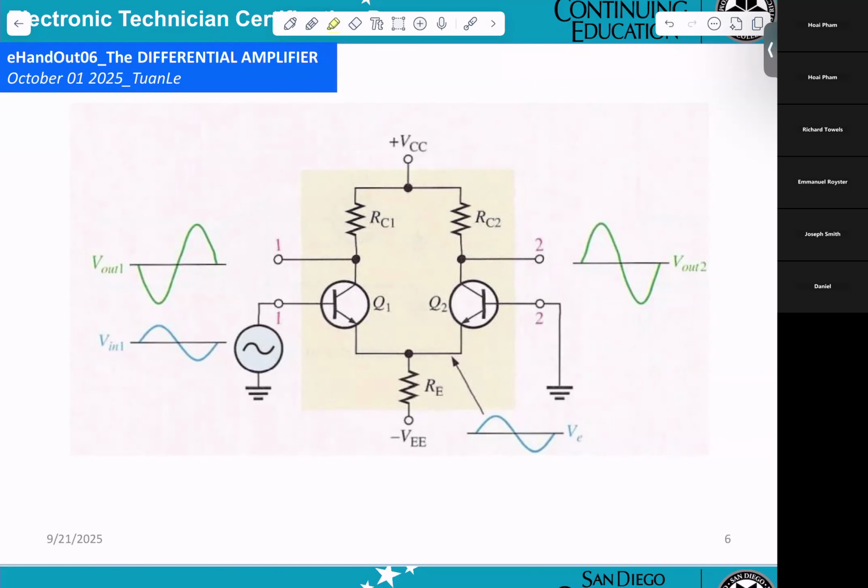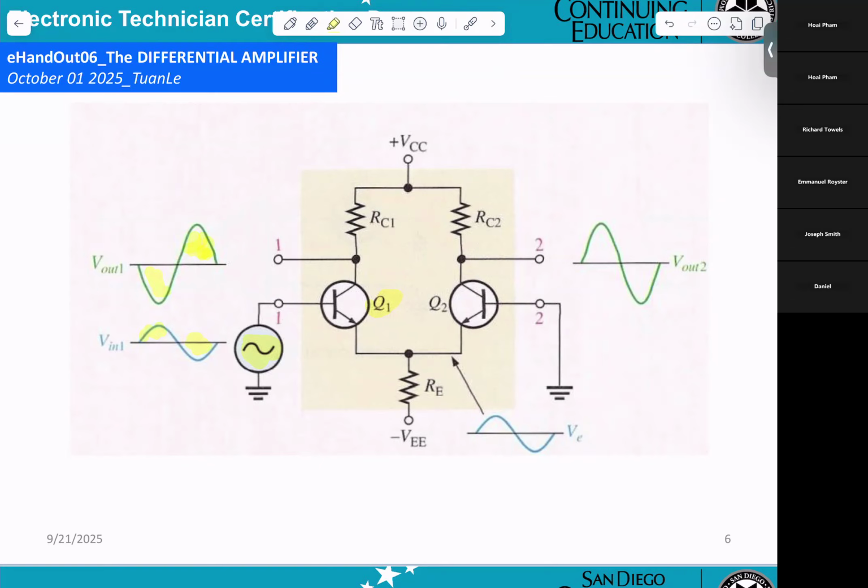First thing is they apply a sine wave to Q1. So the input is a sine wave, the output is a sine wave, and you can see they will be 180 degrees out of phase.